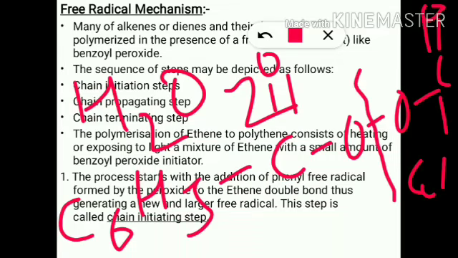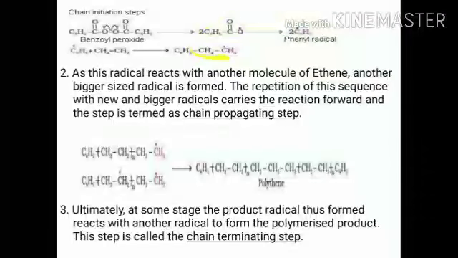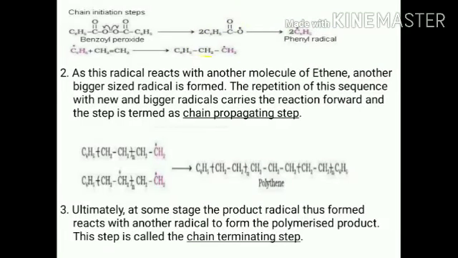There is a bond cleavage, a homolytic cleavage, because the electronegativity of the oxygens is the same, so it forms free radicals. This is the benzoyl oxide free radical. When we heat it, it removes a CO2 molecule and forms phenyl free radicals.